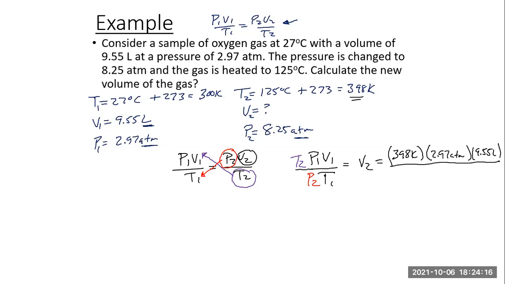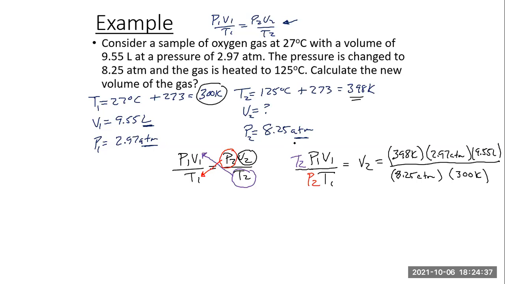On the bottom, we're looking for P2, which is 8.25 atmospheres, and our T1, which was 300 Kelvin. Any questions on the rearranging or putting the numbers in?